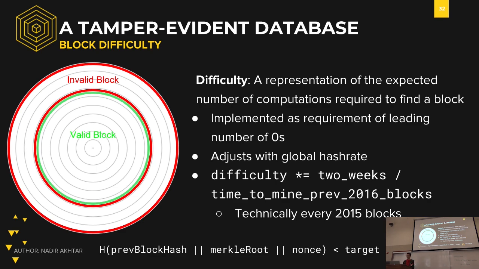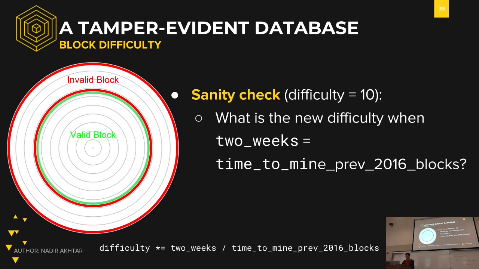So how many blocks were mined in the last 2 weeks, and then we scale the difficulty up or down as the network difficulty changes every 2 weeks, right? So let's say we have the difficulty at 10. What's the new difficulty if in our 2 week period we mine the same number of blocks as the previous 2 weeks?